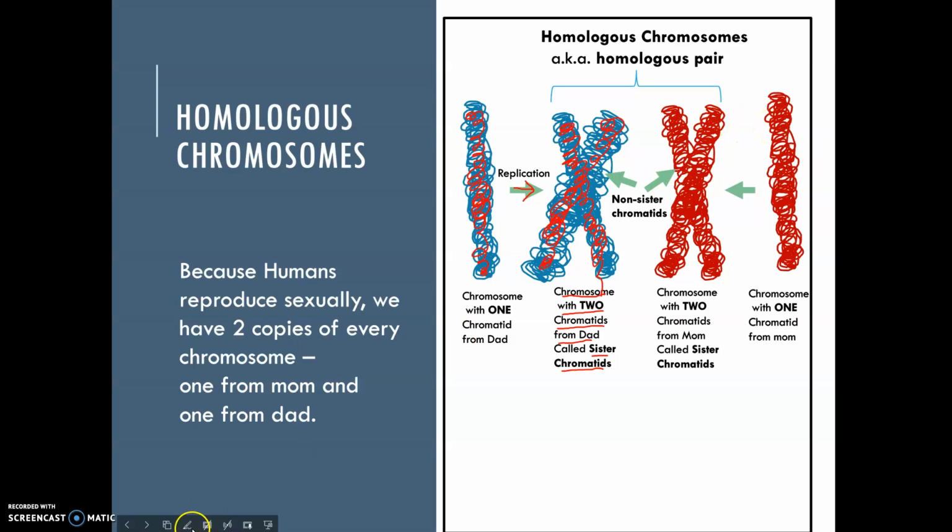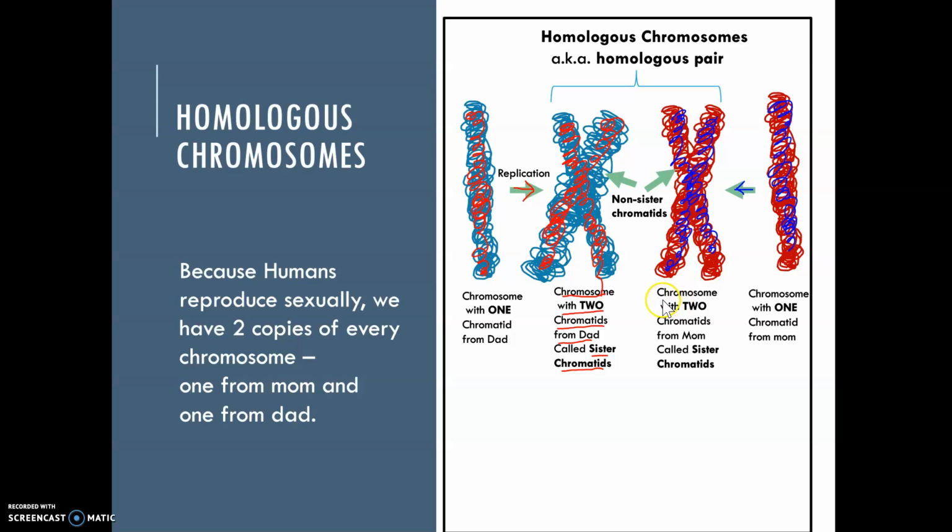I'm going to change colors here real quick so you can see me diagramming this as we go. So right here, we're going to make the other chromosome. This one will be from mom. It replicates. And now we have a duplicated chromosome, or a replicated chromosome, that consists of 2 sister chromatids.